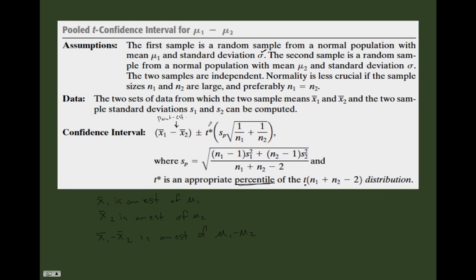Now what the t star is going to tell us is the number of standard errors. The standard error is one way to think about standard deviation. It's the adjusted standard deviation, or the one that's been adjusted using the central limit theorem. In any case, t star is how many of these we're going to use to create the interval, and then this quantity is the standard error for the difference in sample means.